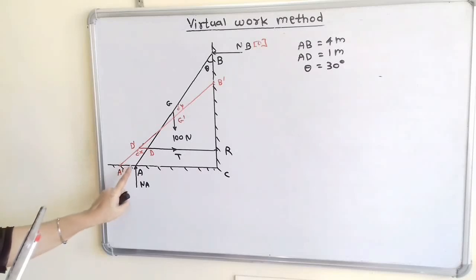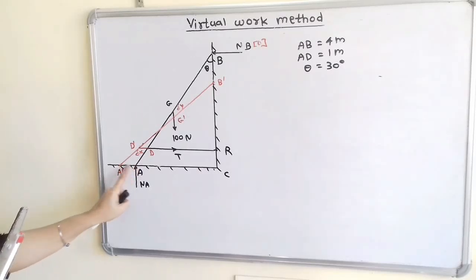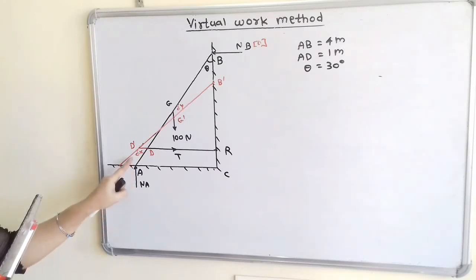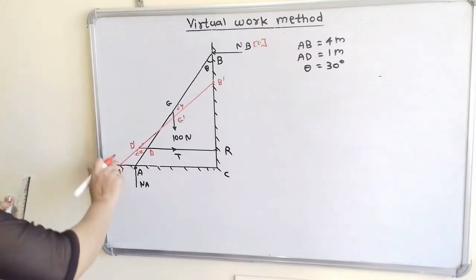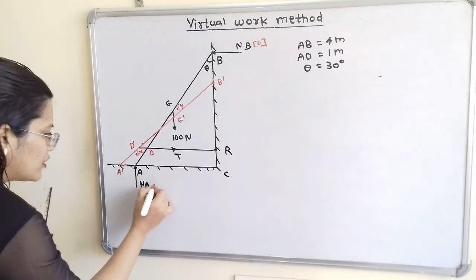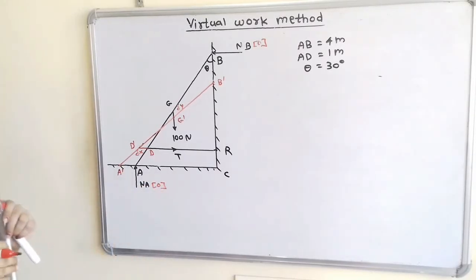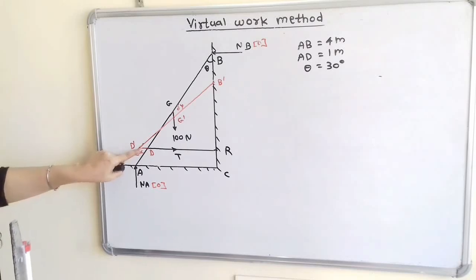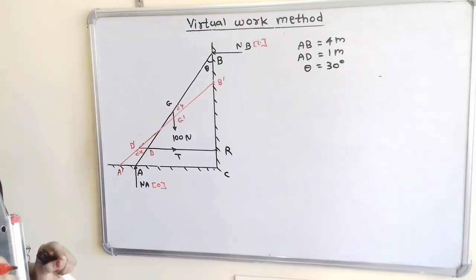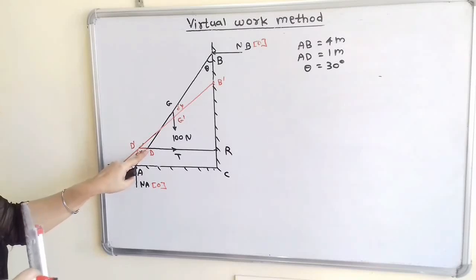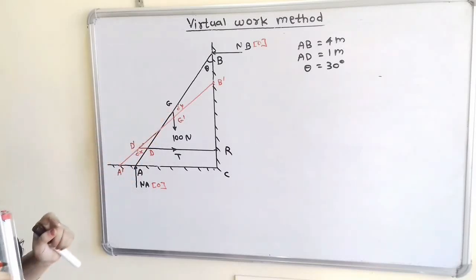In the same way, at point A the ladder is slipping along the horizontal direction and this is the perpendicular force to the horizontal, that is the vertical component, so the displacement at NA is equal to 0. So we have to find only delta x and delta y. That means we have to find the position of point D as well as point G.